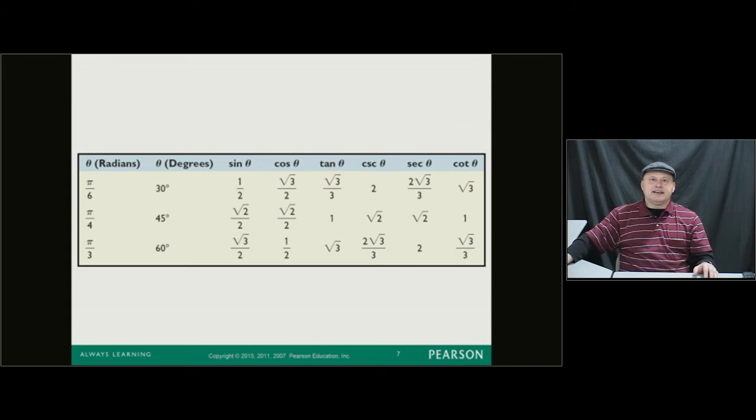Well, to do a cosecant of 60 degrees, we'll look at the sine of 60 degrees. And the sine of 60 degrees is going to be square root of 3 over 2. First cell on that 3rd row, square root of 3 over 2. Now, since cosecant is its reciprocal, it's going to be 2 divided by the square root of 3. And then if you take 2 divided by the square root of 3 and rationalize the denominator, you get 2 root 3 over 3.